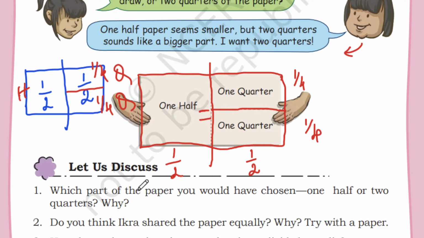You can write: both the parts are same in size. So either of the parts you can choose.